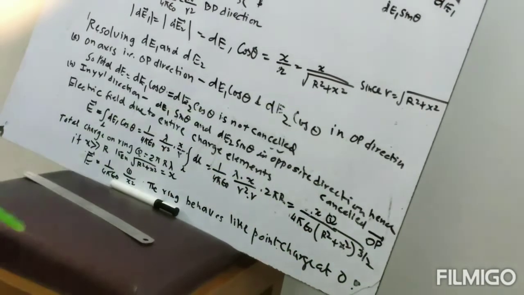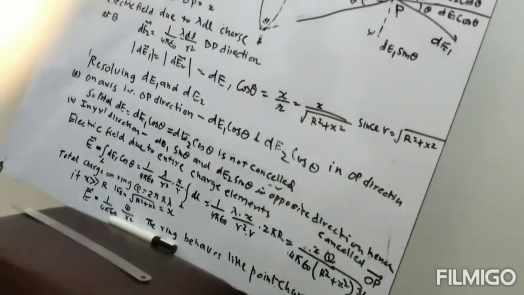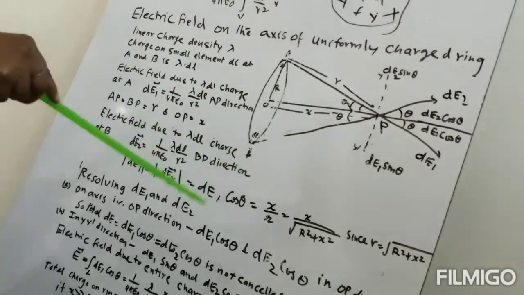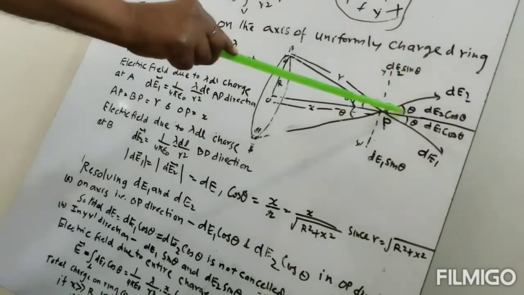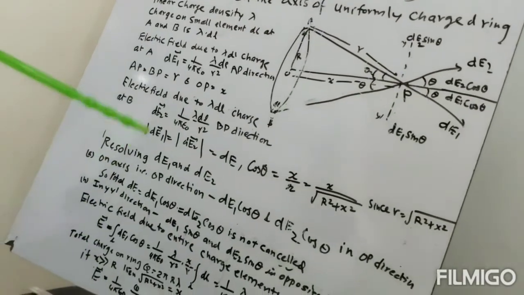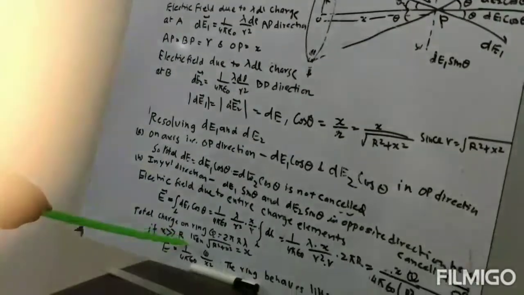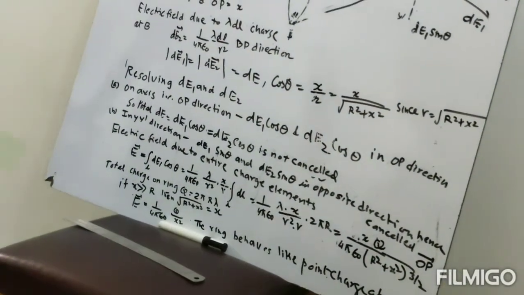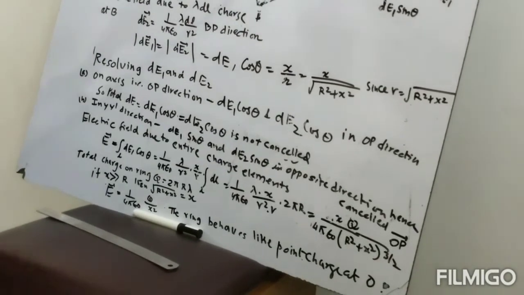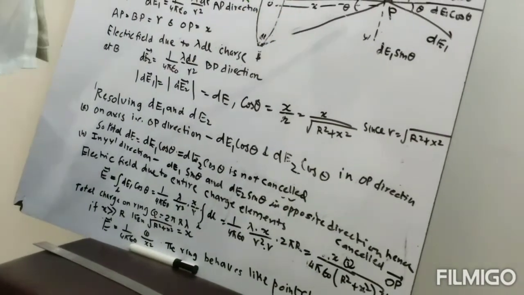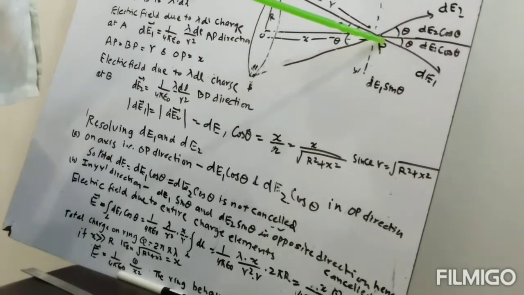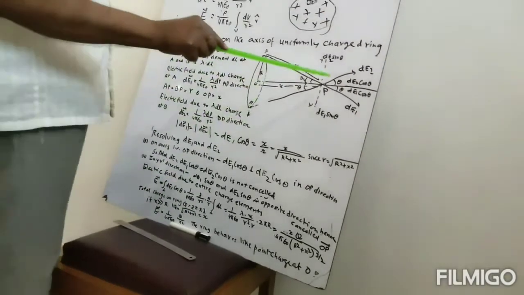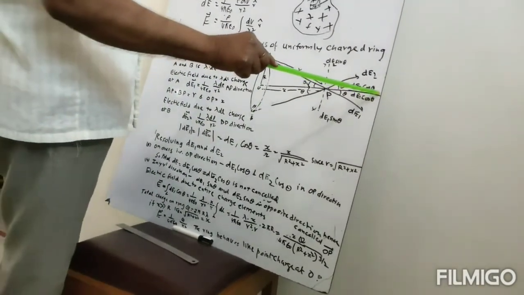Now if we consider that the radius of the ring is much smaller than the distance between O and P, then E will be equal to 1 by 4 pi epsilon 0 times Q by x square, and this is the same as if the entire charge is placed at the point O and we have to find the electric field at P. The direction of the electric field due to the entire ring will always be along the OP direction.